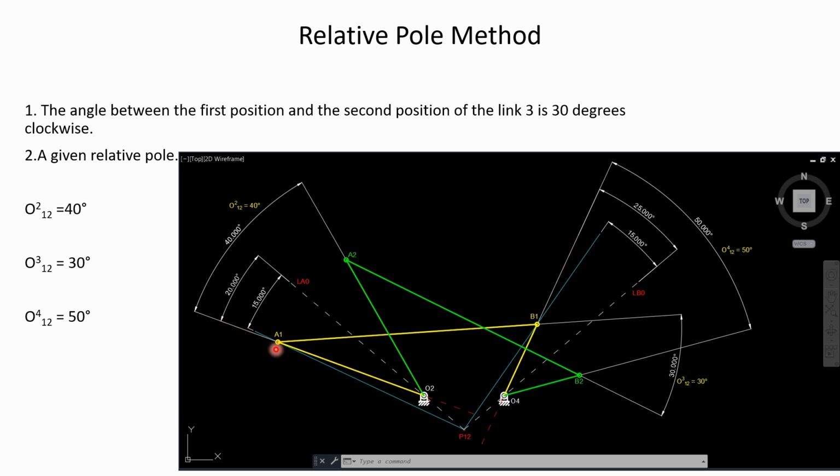So between A1 and A2, we need an angle of 40 degrees between them, and B1 and B2, we need an angle of 50 degrees between them, and the angle between the first position and the second position of link 3, which is here, we need an angle of 30 degrees, which is this part of our mechanism.